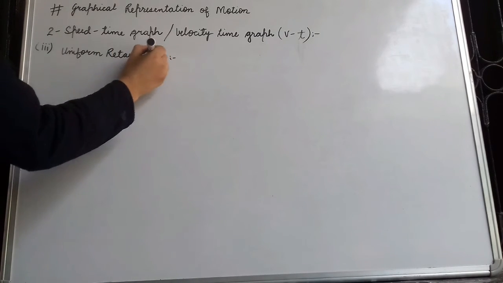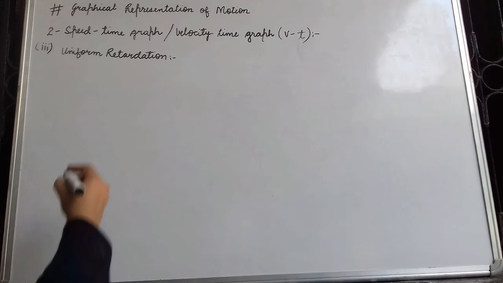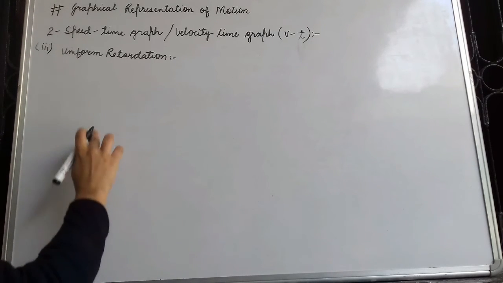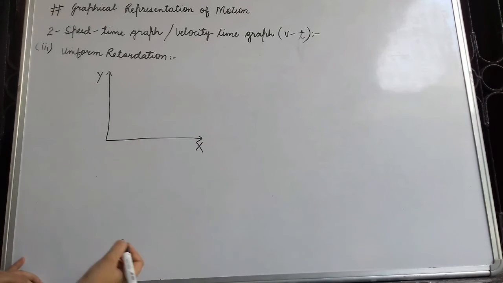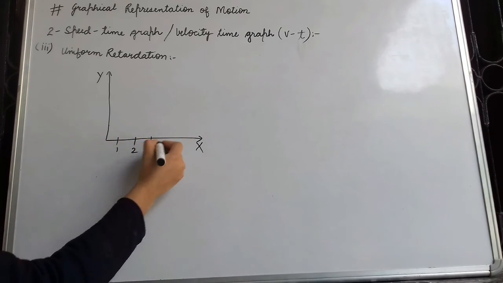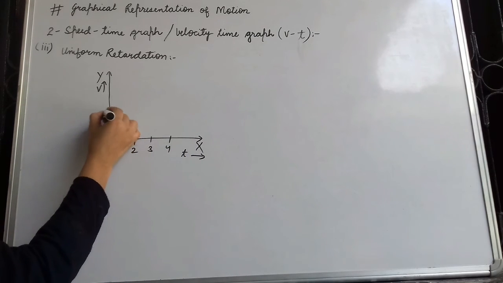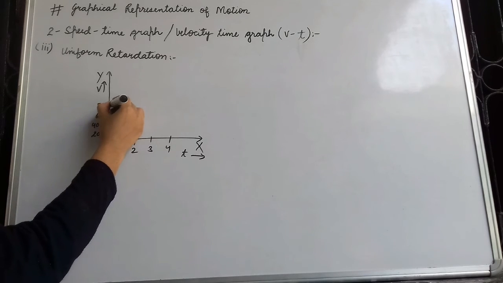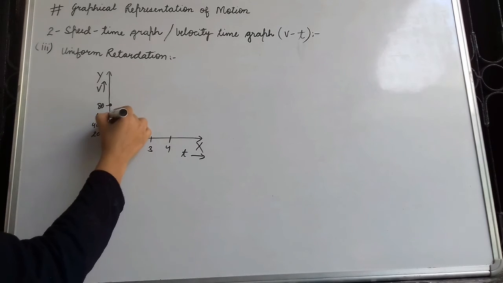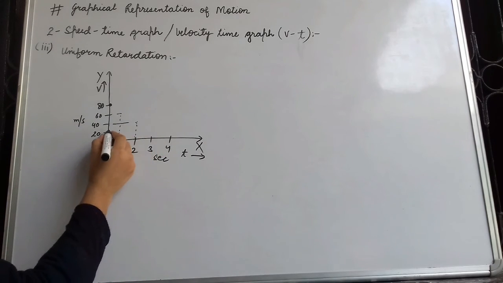Now the next graph is of uniform retardation. Retardation, the opposite of acceleration, means decrease in speed. So let's take the y-axis for speed or velocity and the x-axis for time. Mark time intervals and speed. Let's suppose a vehicle is at the speed of 80 meters per second.